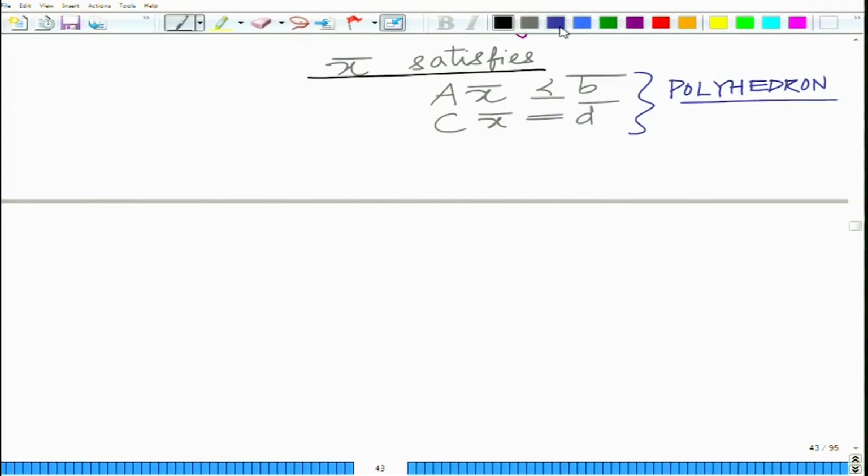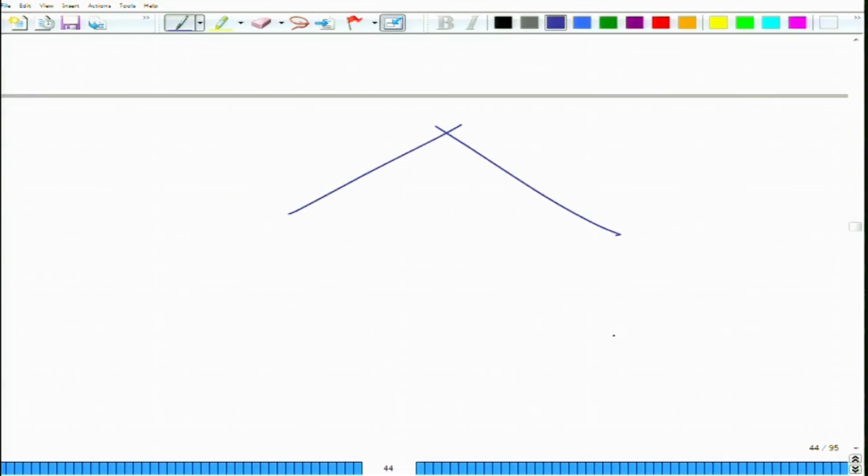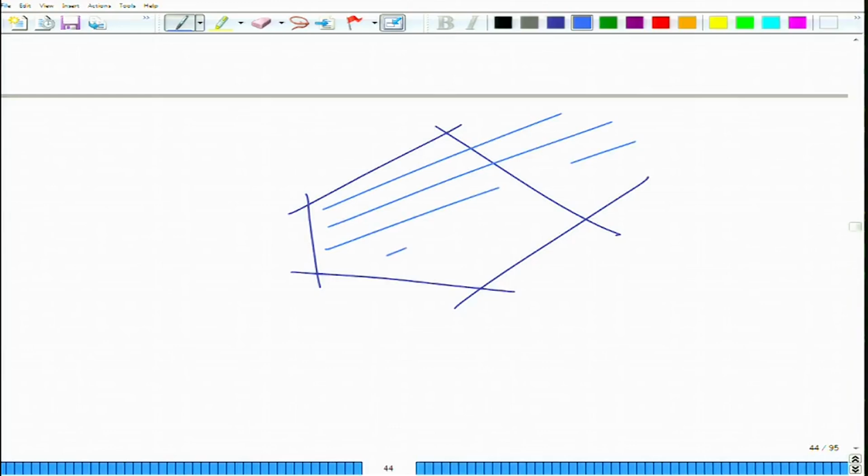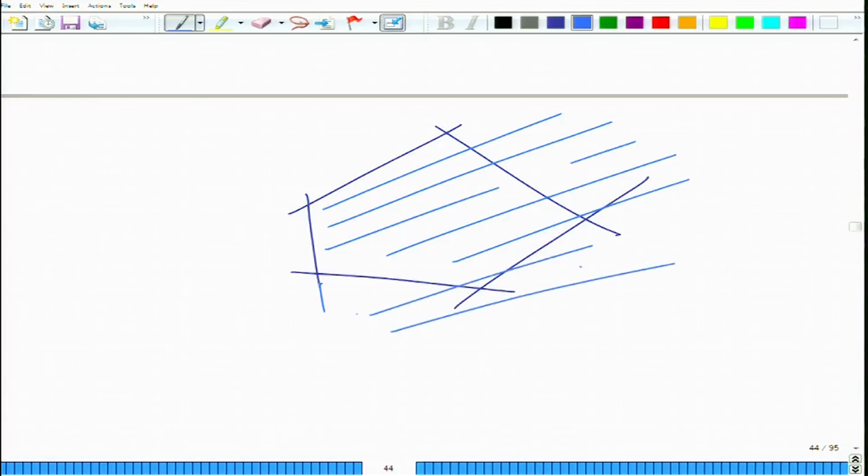So, this can be simply shown as follows. You can imagine having a large number of half spaces, for instance one half space corresponding to this, another half space corresponding to this, and you can imagine the various half spaces.